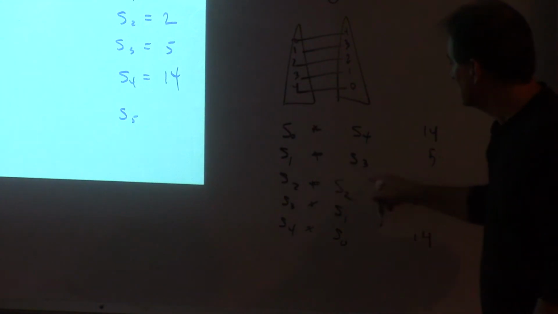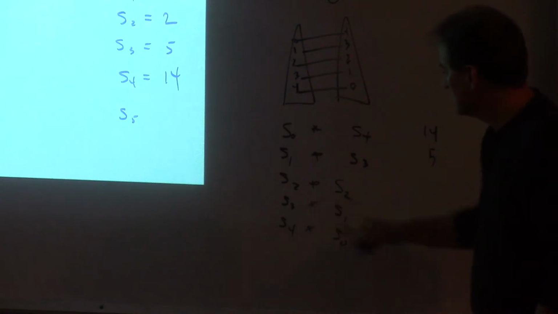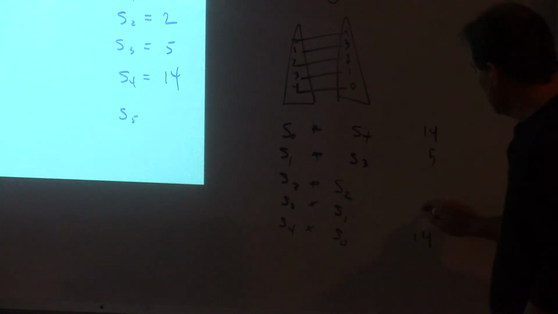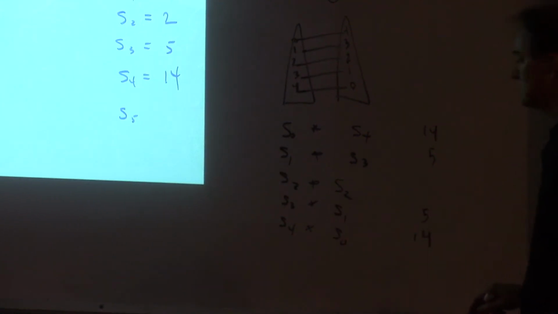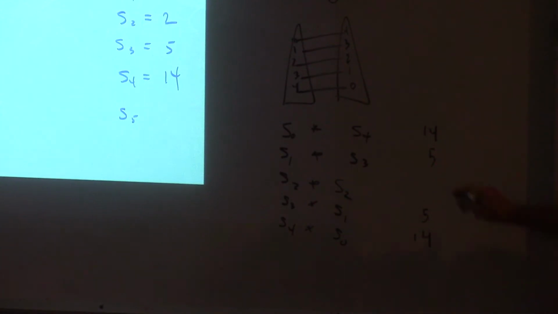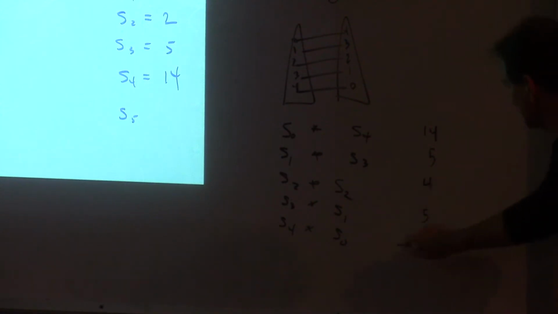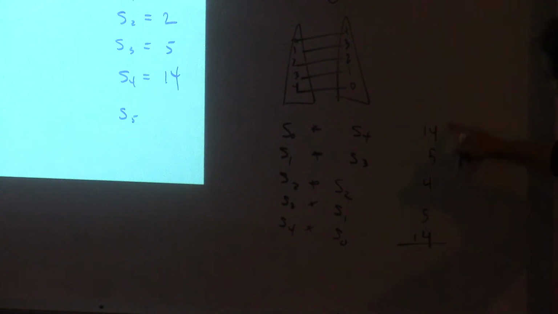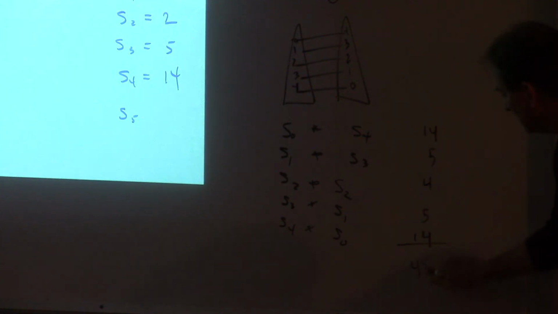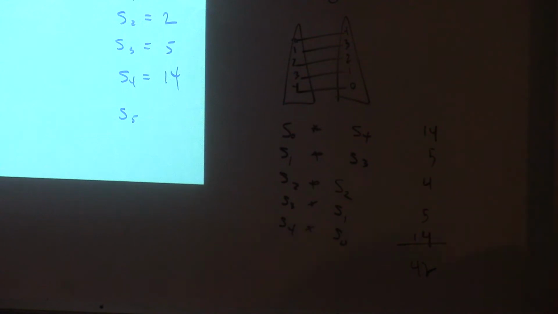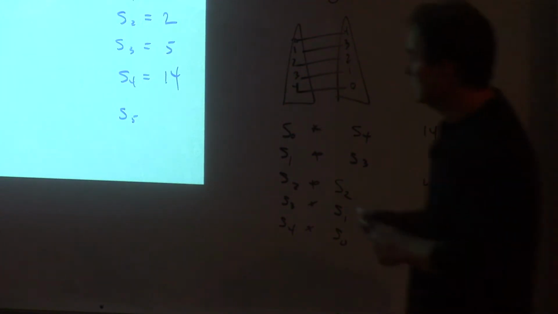So 1 times S1, S3 is 3, also going to be 5. And S2 times S2, 4. So we have 28, 32, and 5 and 5 is 42. So that is the 5th number. So let's see, that's 42.